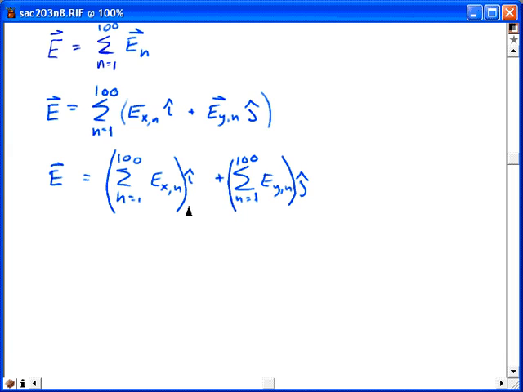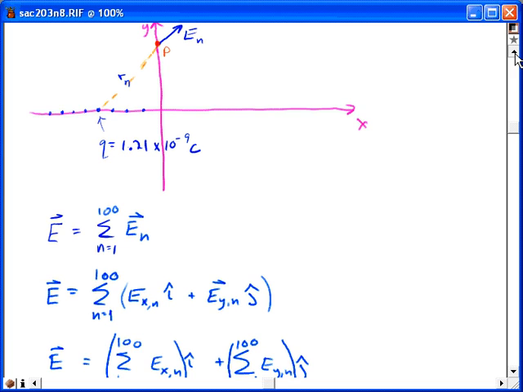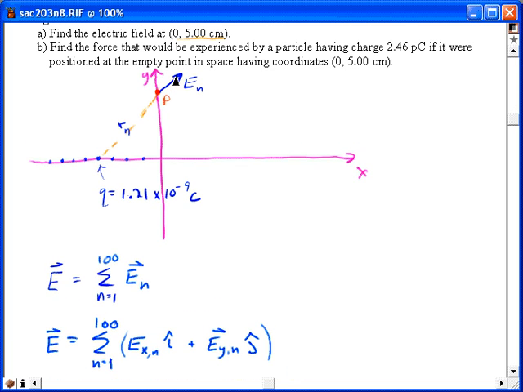So we've got to get the components of E. I want to get a general expression for the components of E sub n, so for the nth particle, the electric field. I'll draw a vector component diagram. Here is E sub n, and I can look at that as being at some angle theta, which depends on which particle I'm dealing with, so I'll call it theta sub n.